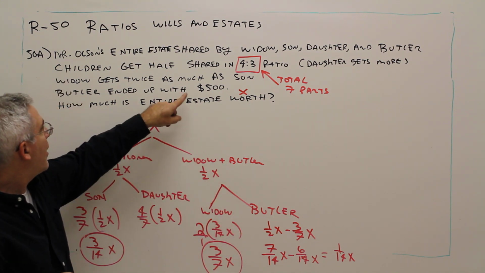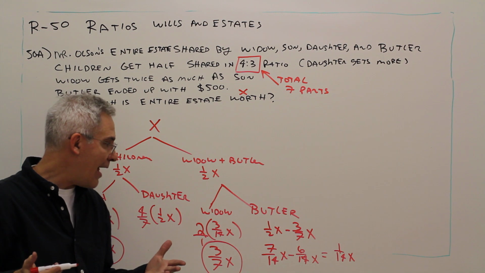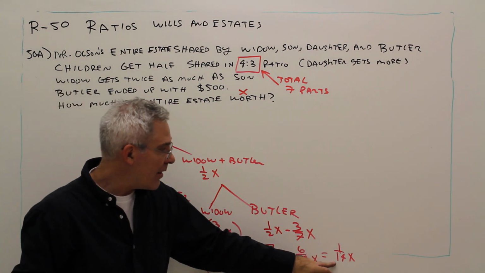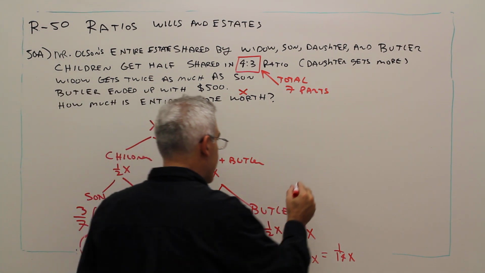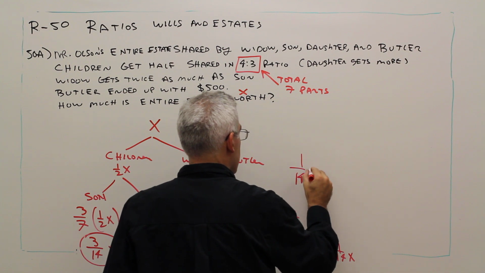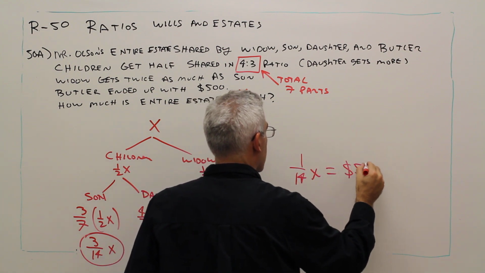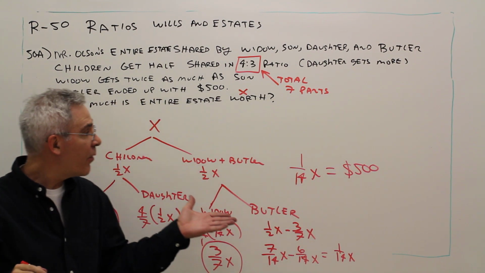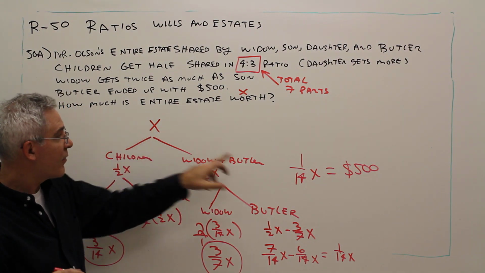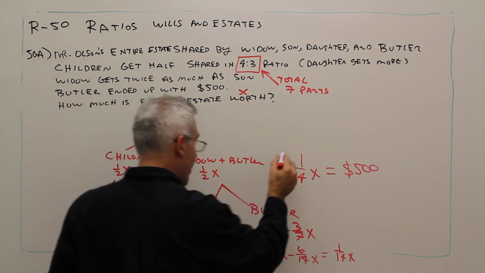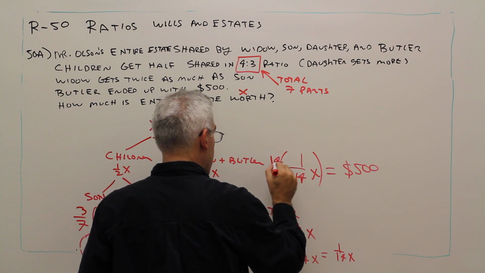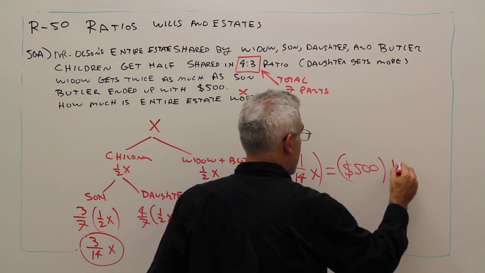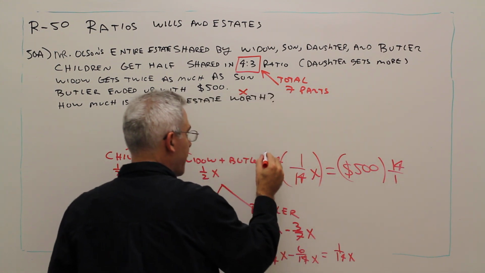Oh, by the way, the butler got $500. So I know that 1/14 X equals $500. I don't care about 1/14 X. I care about X. Simply multiply each side by 14, 14/1, if you will.